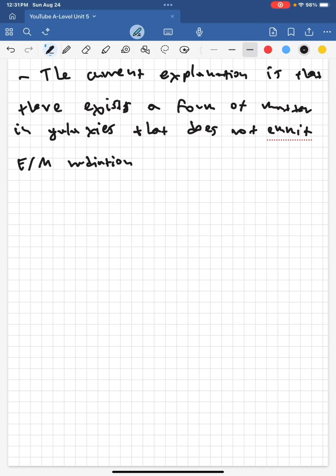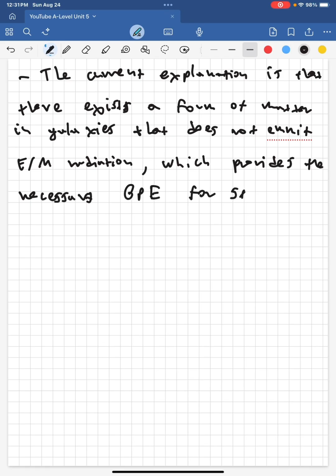This form of matter provides the necessary gravitational potential energy for stars to move faster, okay?